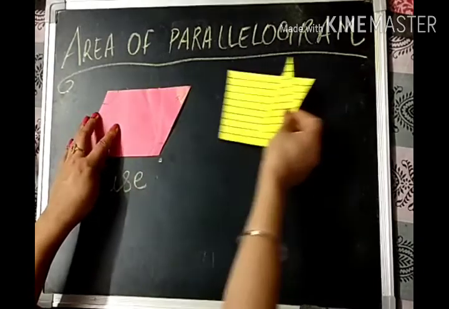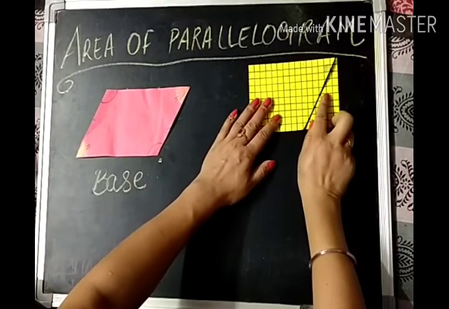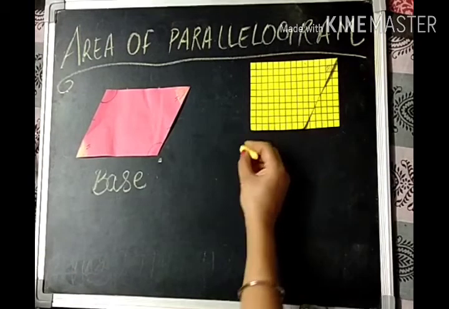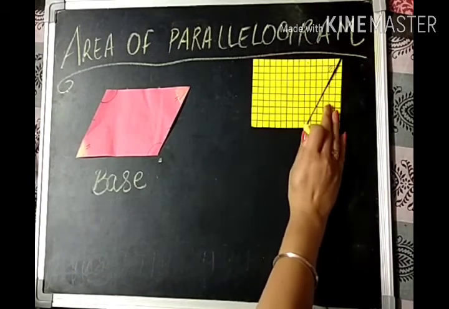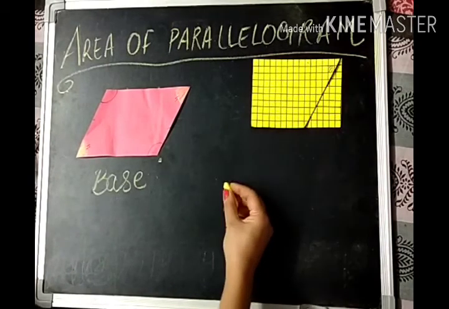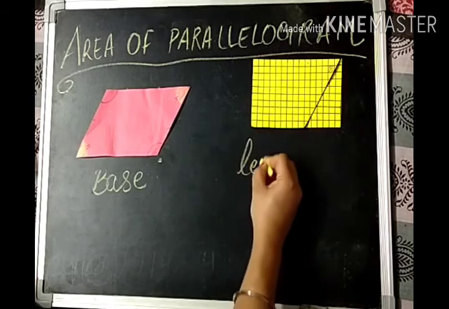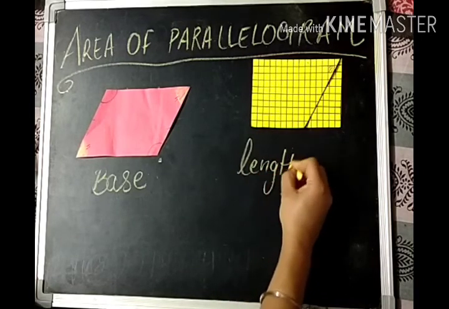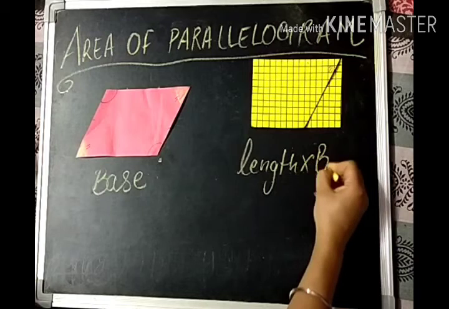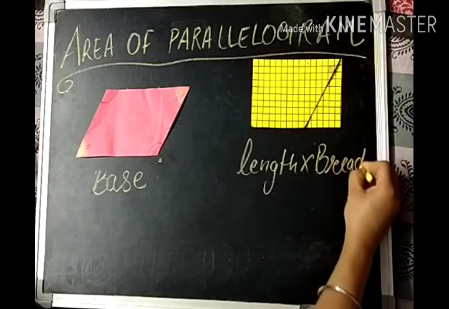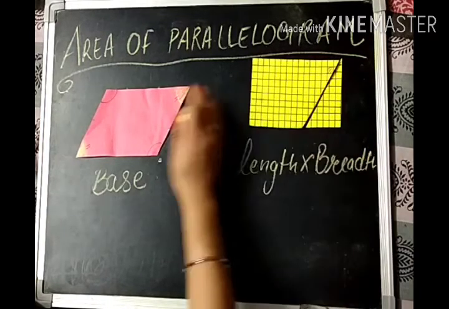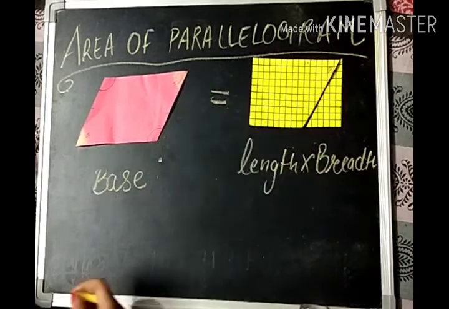Okay, so now, the rule to find the area of a rectangle was to multiply the length by the breadth. So we said the two areas are equal.